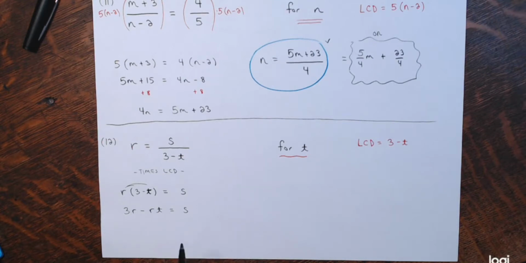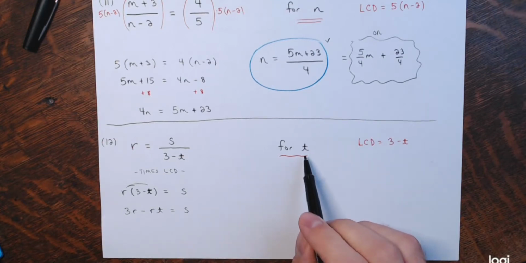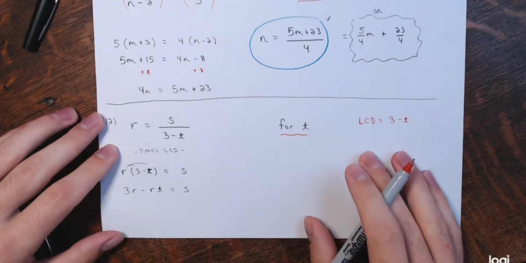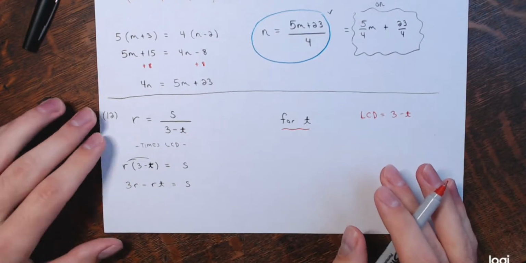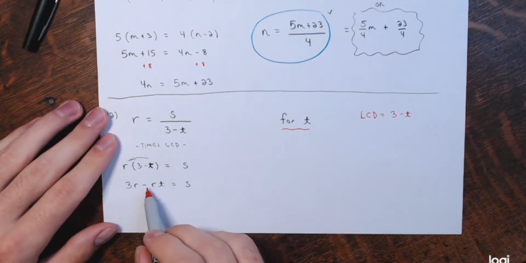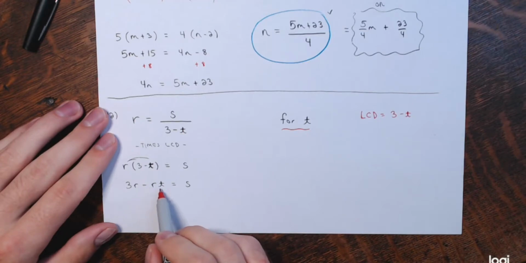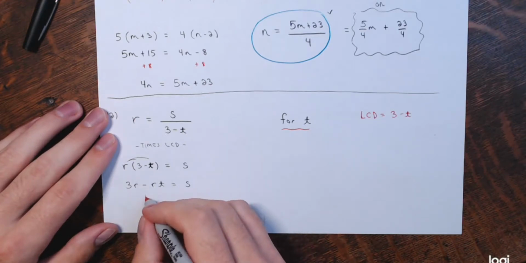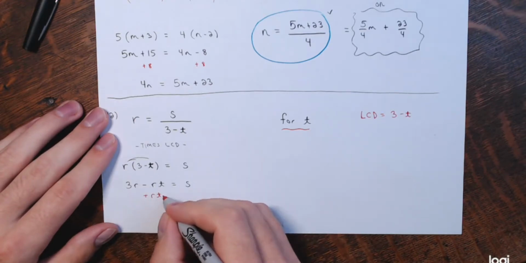All right, and then get all the terms with t on one side and without t on the other. Now, I personally like having positive coefficients on the variables that I'm trying to solve for. So you see how the only term with t is this minus rt. So I'm going to add that to the other side, make it plus rt.